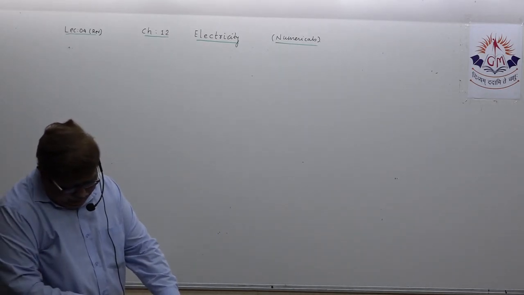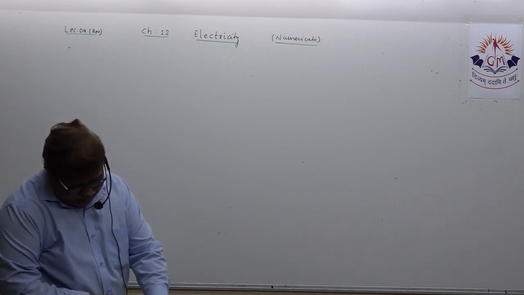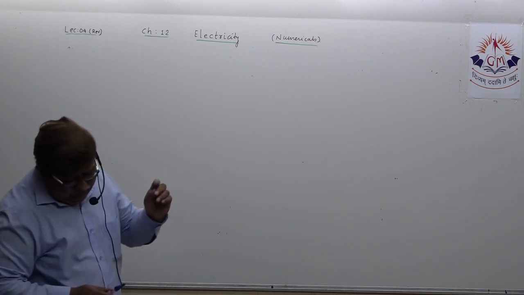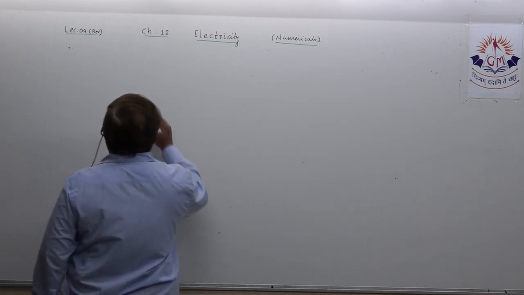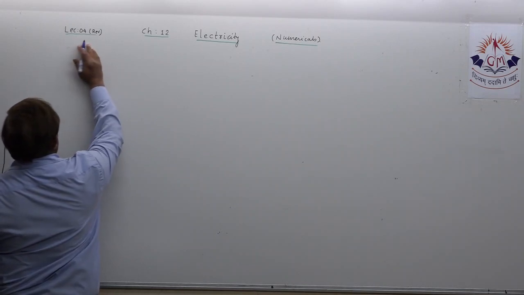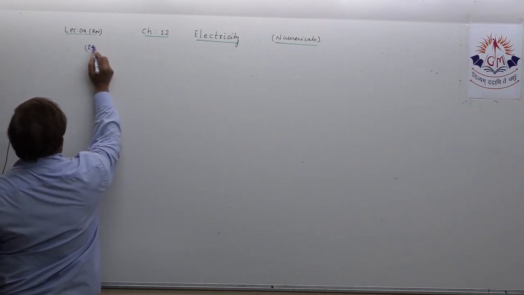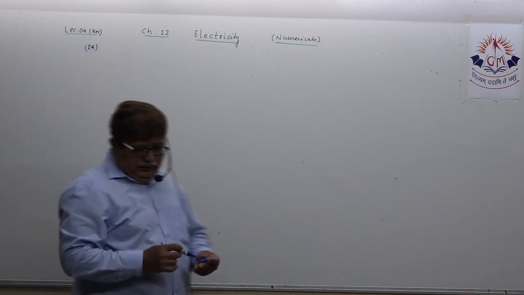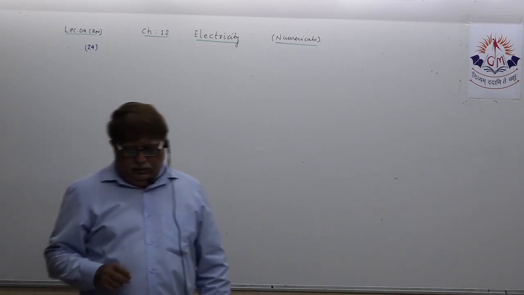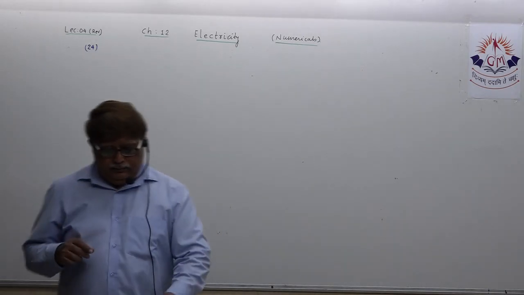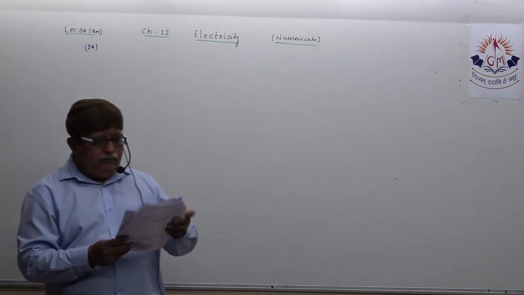See, first, I would like to take numerical number 24. You first look at the numerical. What is written? In this particular numerical, you first read it out. I think you have the physical copy of this worksheet also.